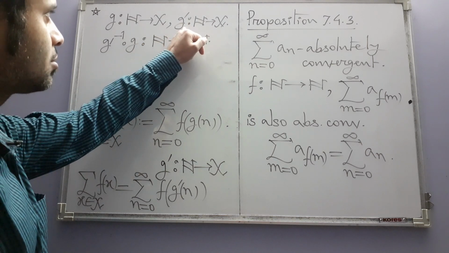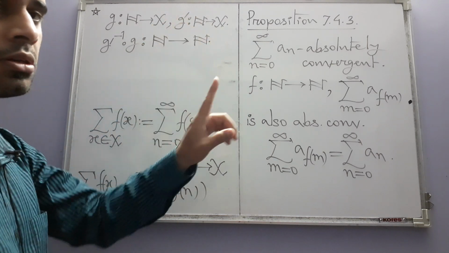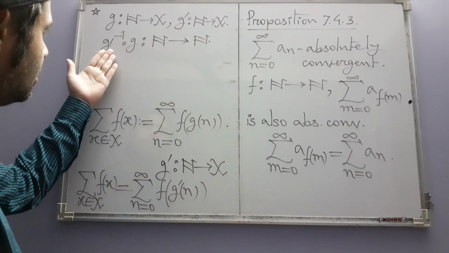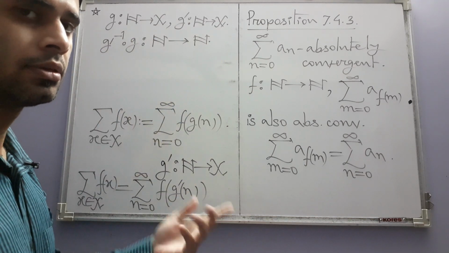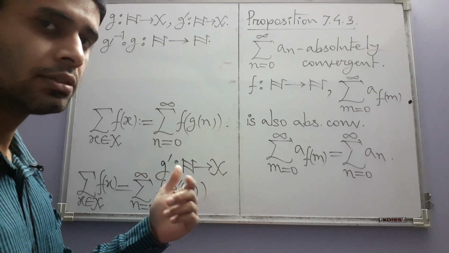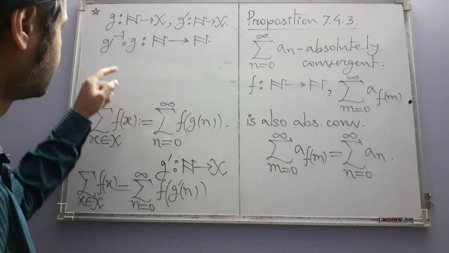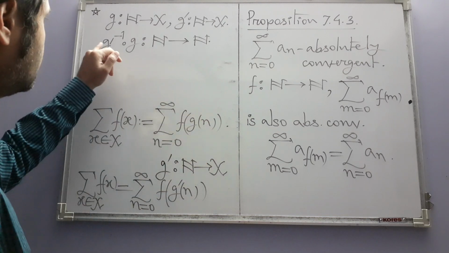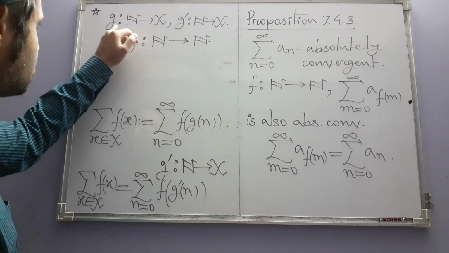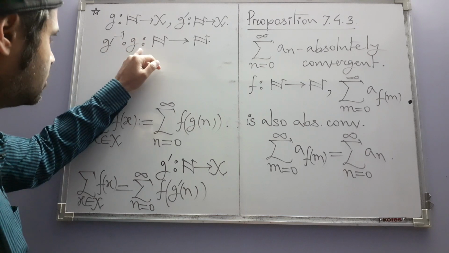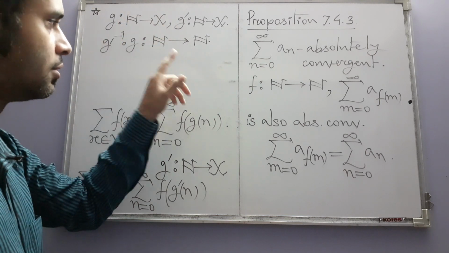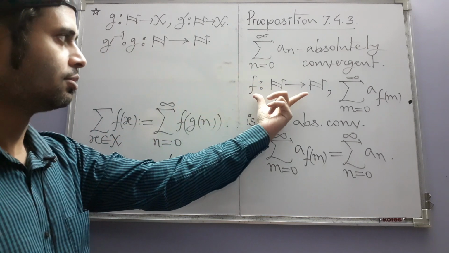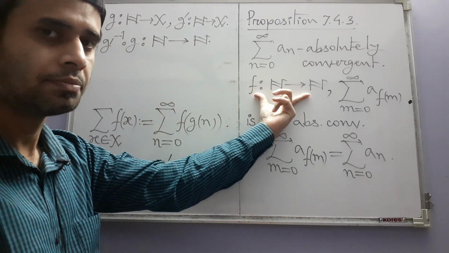Since g prime is a bijection, its inverse exists, and then the inverse itself is also a bijection, and we know that the composition of two bijections is a bijection. So the composition of g prime inverse and g is a bijection. So now you see that you have a function like this that you need in this proposition.